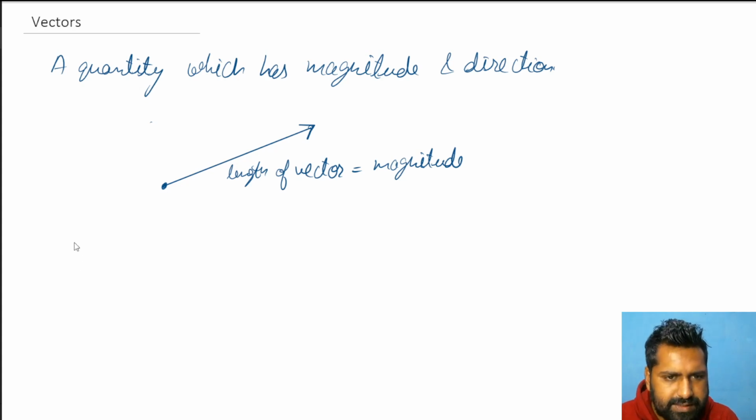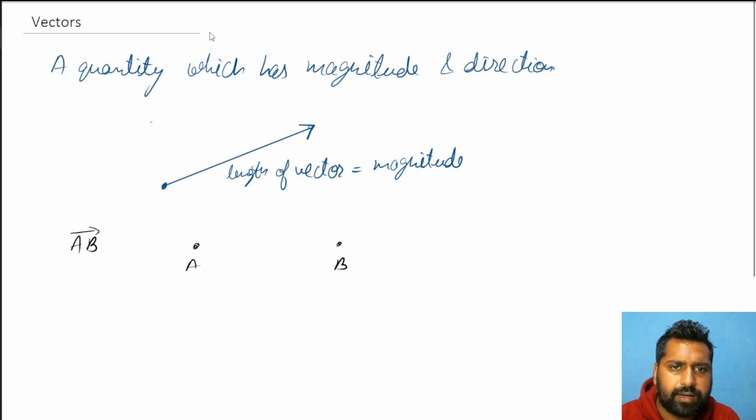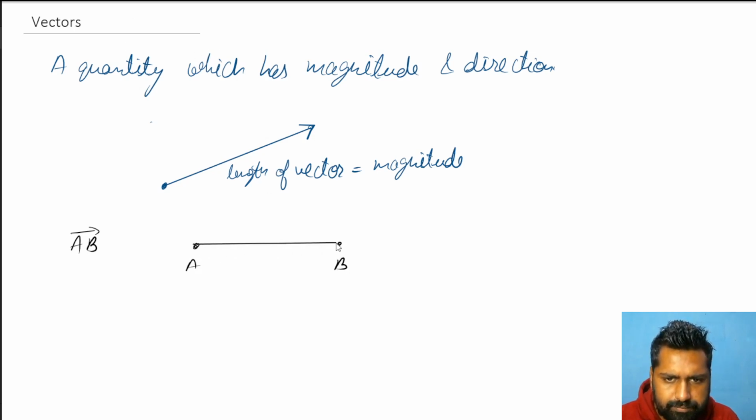Now suppose we say AB vector. You have 2 points A and B. If we talk about AB vector, we join them, and what does AB represent?